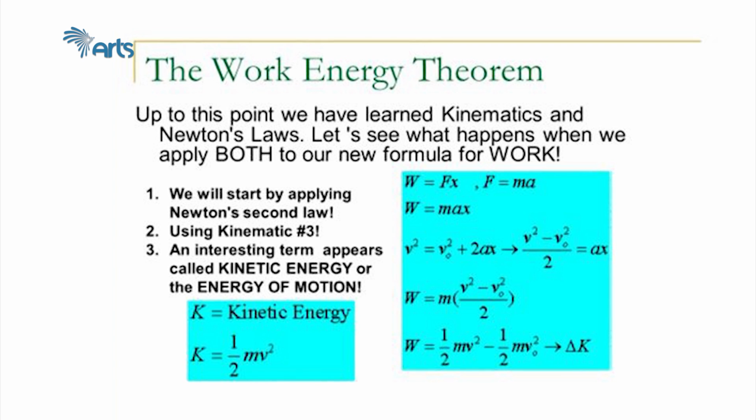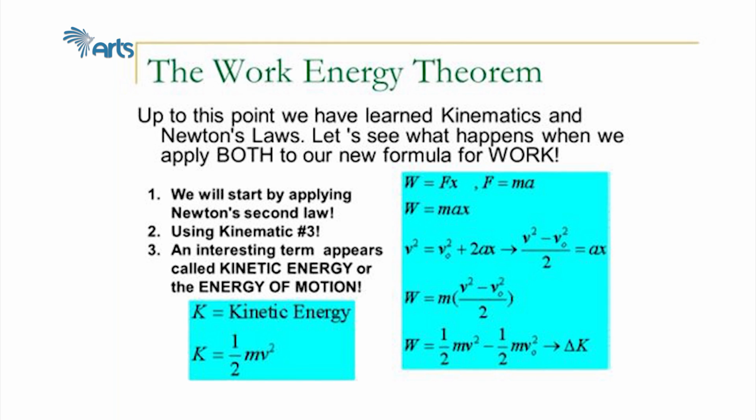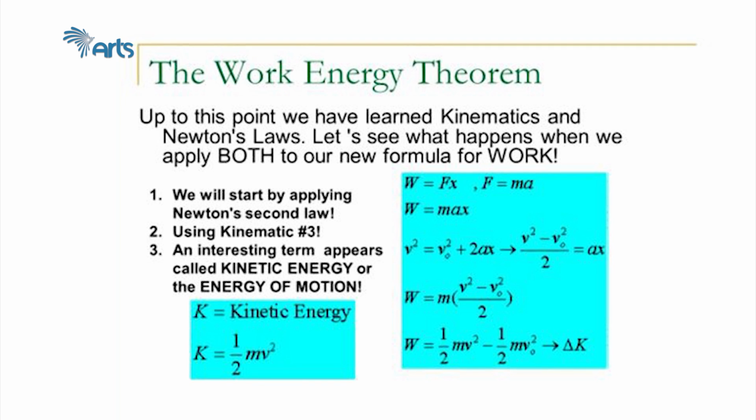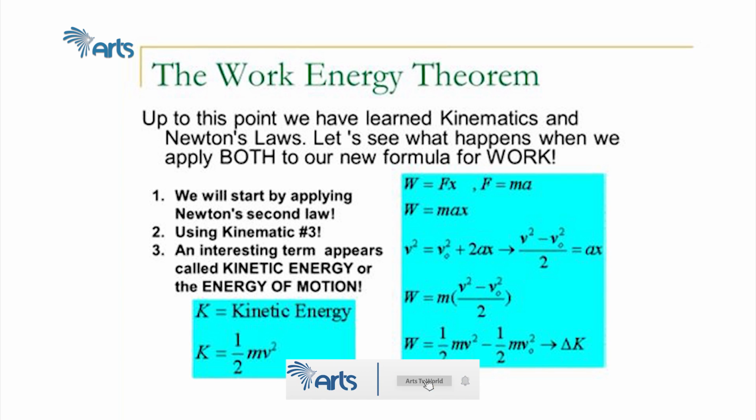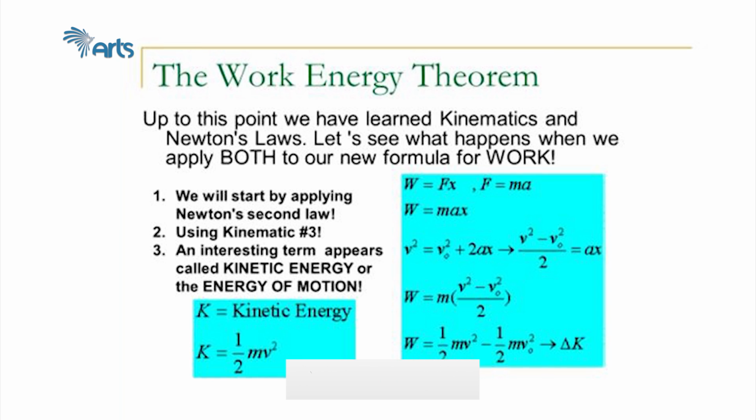Since we assume that the force is constant, the acceleration is also constant, and therefore the motion is uniformly accelerated motion. For uniformly accelerated motion, you can use the equation v final squared equals v initial squared plus 2ax.